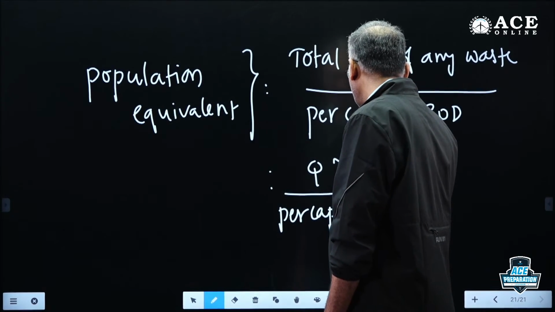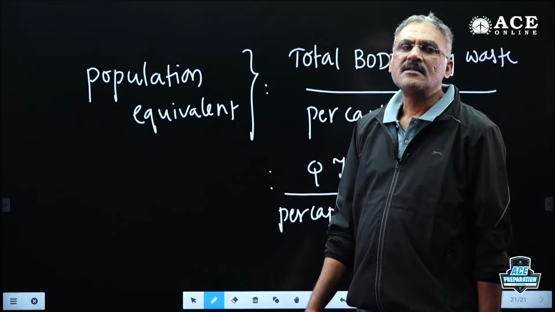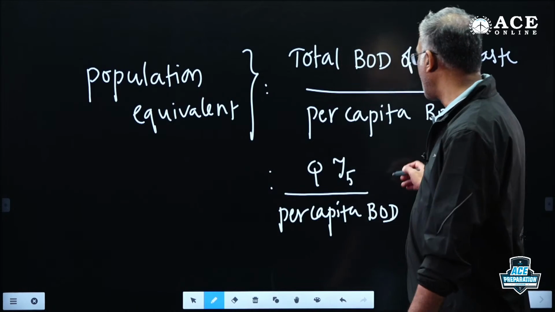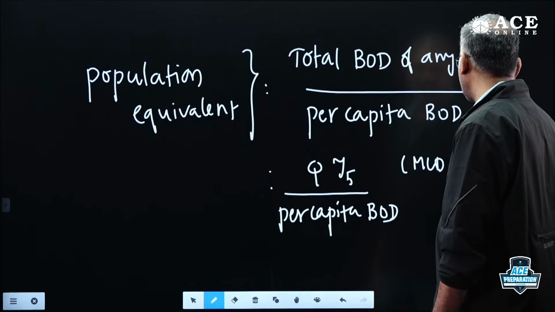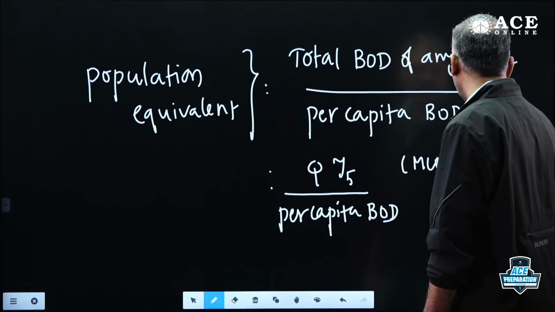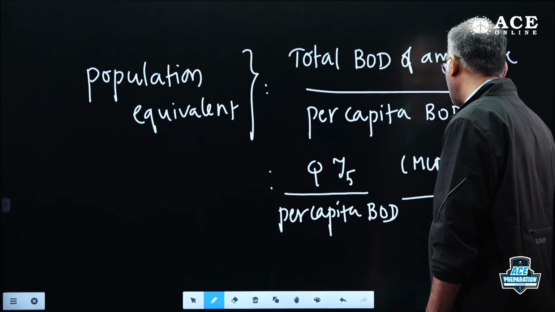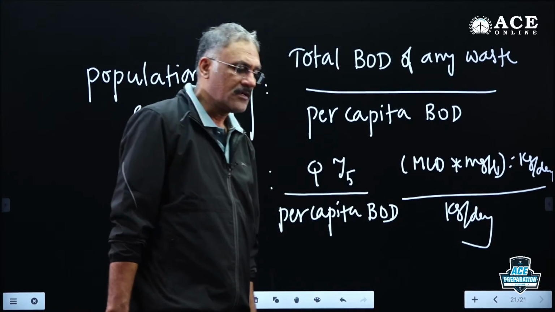As per the IS code, in India, the per capita BOD of the Indian population is 70 to 90 grams per person per day. So for total BOD, you substitute Q in MLD and BOD in milligram per liter, and this product will straight away give the answer in kilogram per day. Per capita BOD is also worked out in kilogram per day. Both of them will cancel out, and you will get the population number. The waste is equivalent to what number?